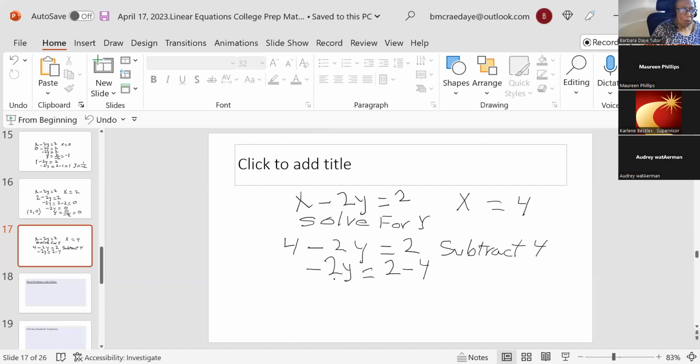No. 2 minus 4 is what, Audrey? -2. That's right, -2. Maureen, don't forget your signs. That's a +2 and a -4, you subtract, and your sign is negative because that's your bigger number, negative. So what you're left with is minus 2y equal -2. So what is y, Audrey?